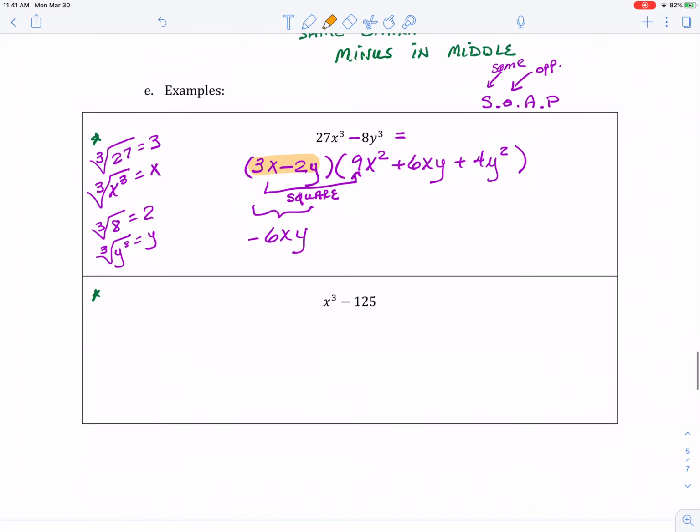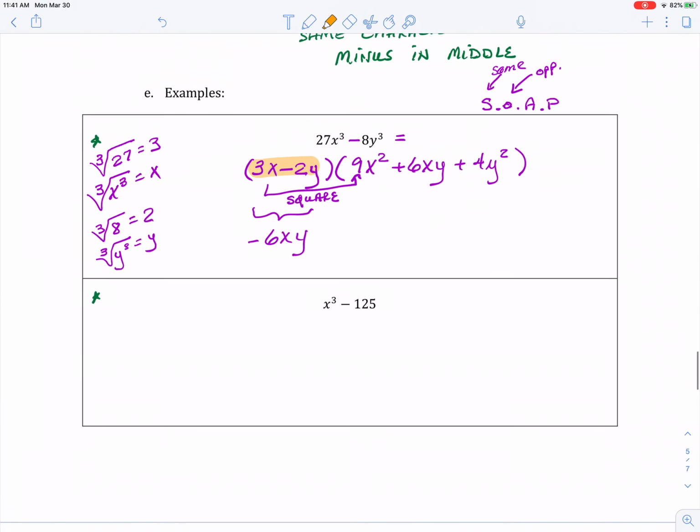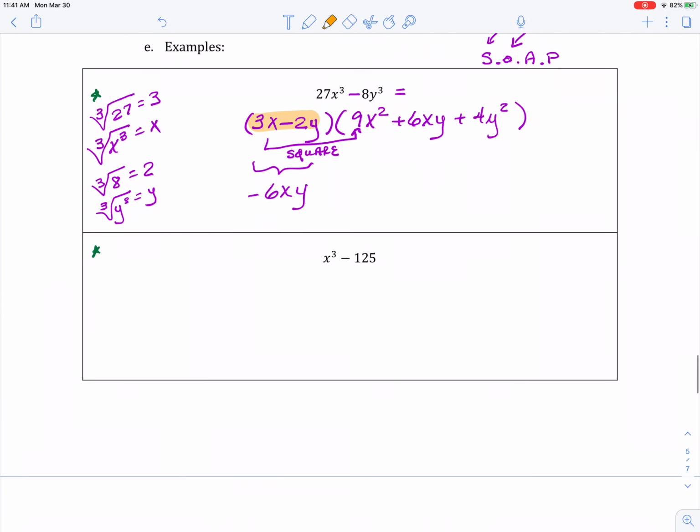Okay, we'll do one more of these. I think that's all we need. This is the difference of two cubes. Again, I see two terms. I see a minus in the middle. I see an exponent of 3. And I see numbers 1 and 125, both of which are perfect cubes.